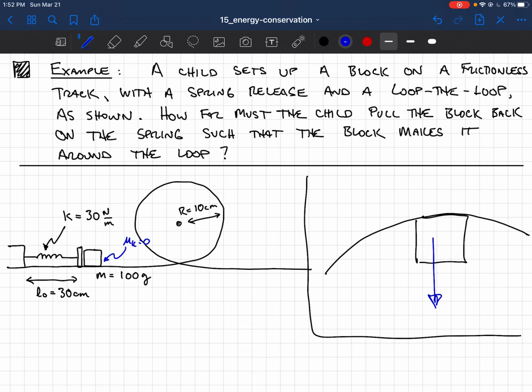So we have the force of gravity pulling downward on the block, and we have the normal force of the track acting on the block as well. The block is moving with some speed here, and it must be accelerating because it's going around a circle. So we're told that it's a circular track. That's what the loop-de-loop is.